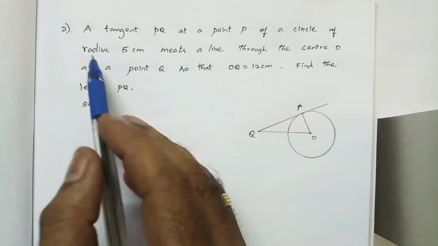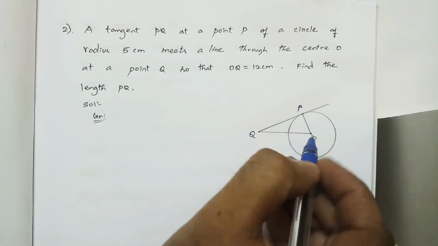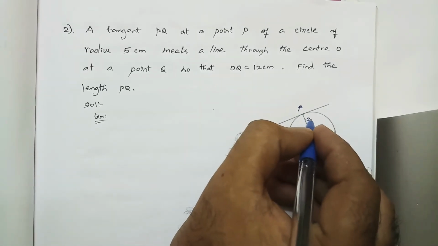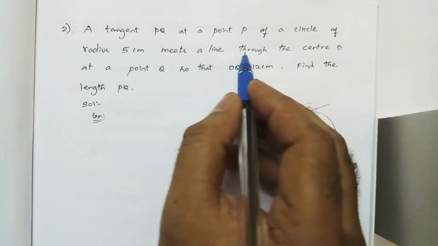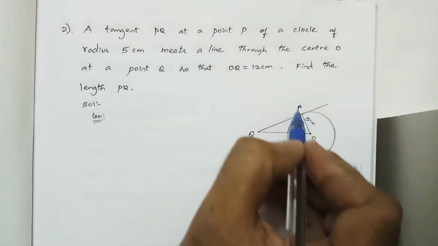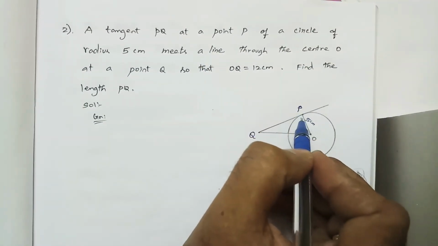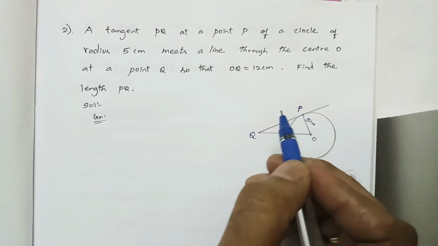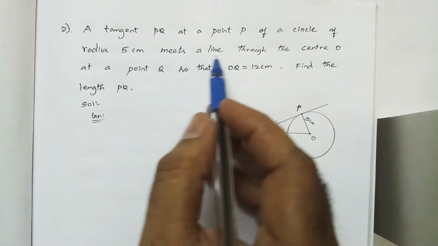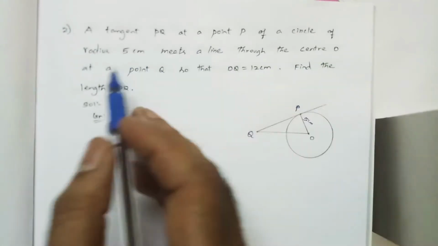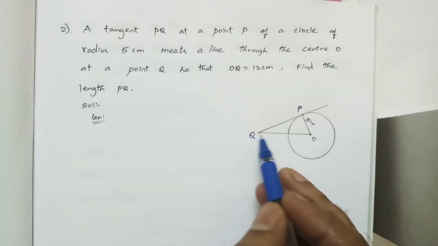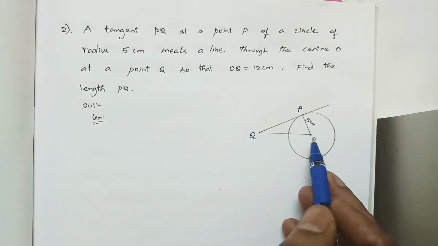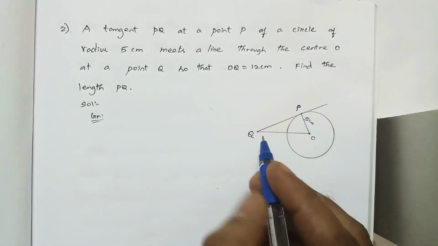Radius 5 centimeter, that means OP is equal to 5 centimeter. It meets a line through the center O at a point Q. So we are just joining the points O and Q. Q is an external point, joining O and Q, so that OQ is equal to 12 centimeter.